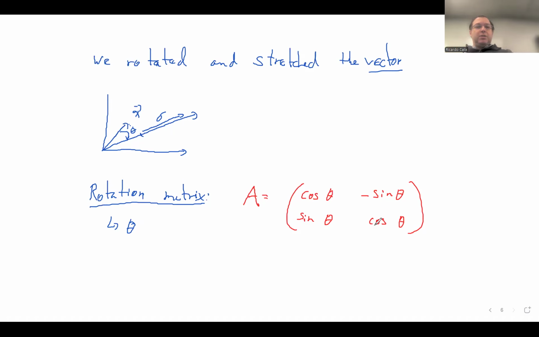There's also something called a stretching matrix. I'll write it here. There is a stretching matrix. And that, again, it's just the A, right? And that one looks like this. This is the value, and these are zeros.